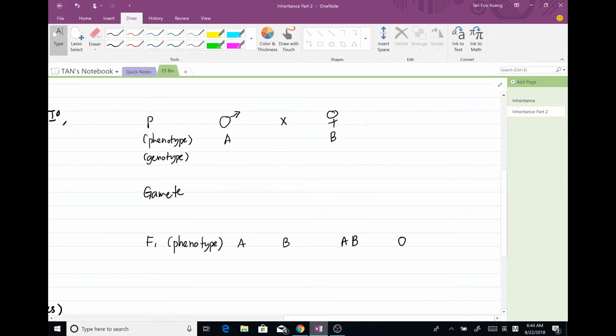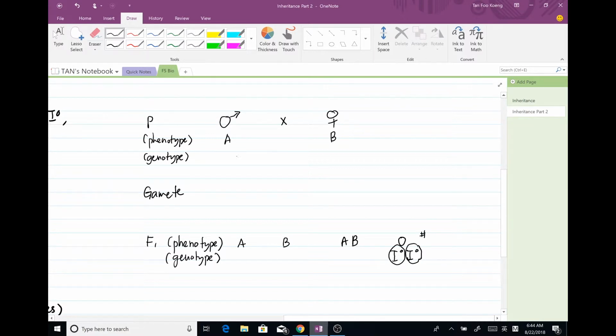In this case, since blood type O can only have the genotype IO and IO, we know that this F1 individual must get this IO from the father and this IO from the mother.